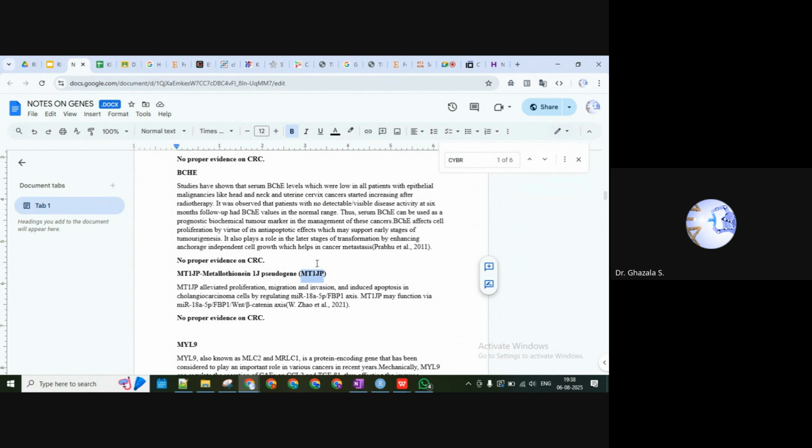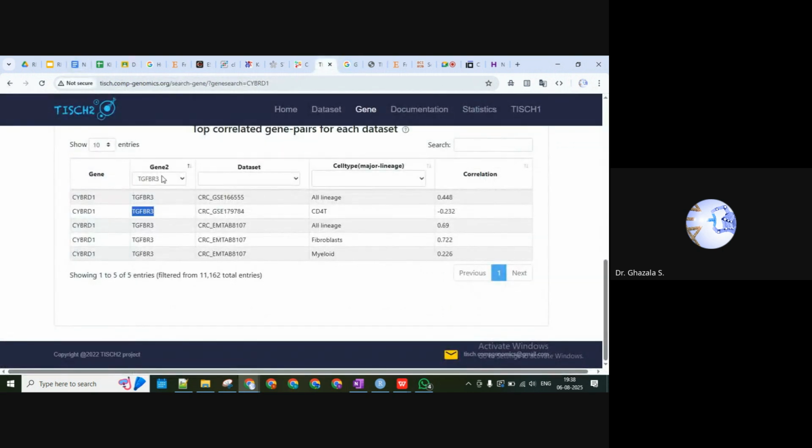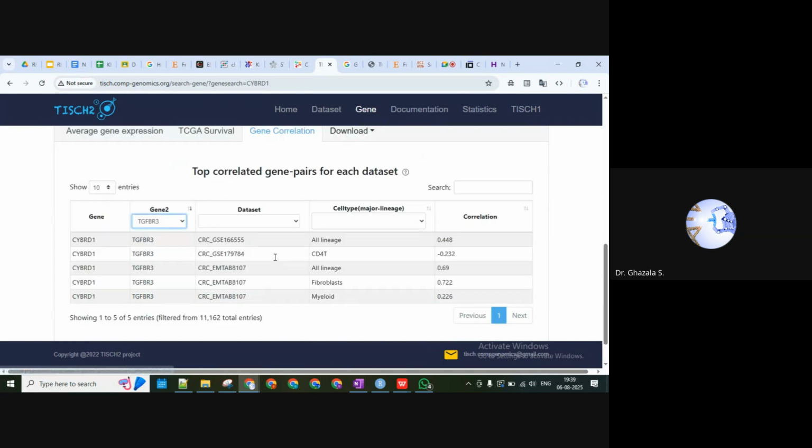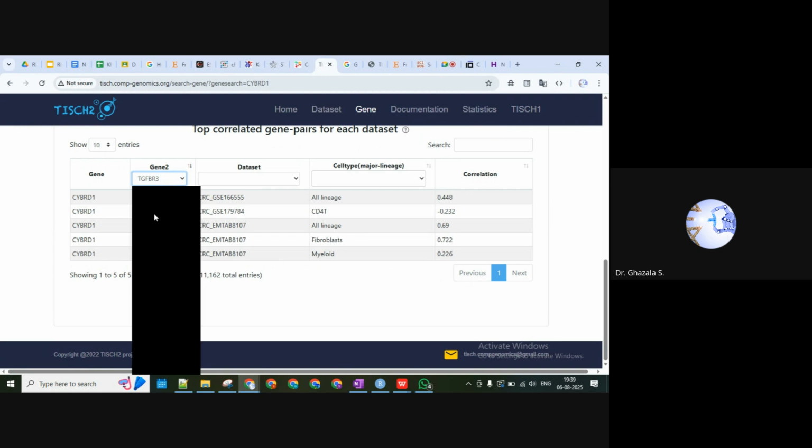MP1 JP, or maybe BCHE. No, since the gene is novel and we are working specifically on colorectal cancer, no information is available.